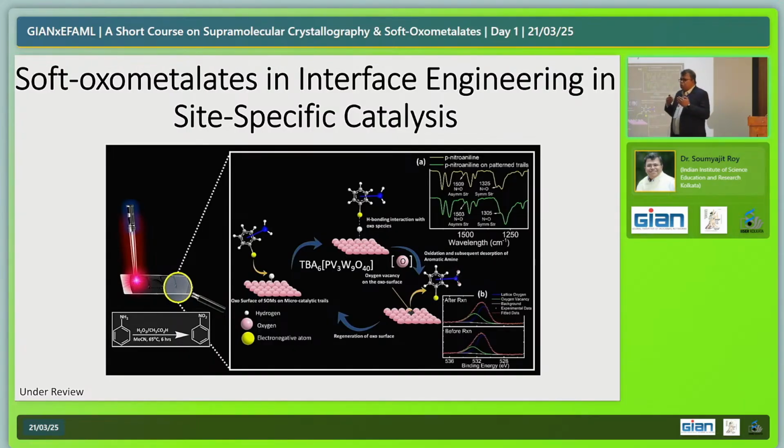So you have these two parallel things going on, oxidizing as well as recreation of the surface, because surface cannot be with a hole, right? Because hole means there's something vacant. And that's how this whole oxo surface on the SOMS was regenerated, and this cycle continued.